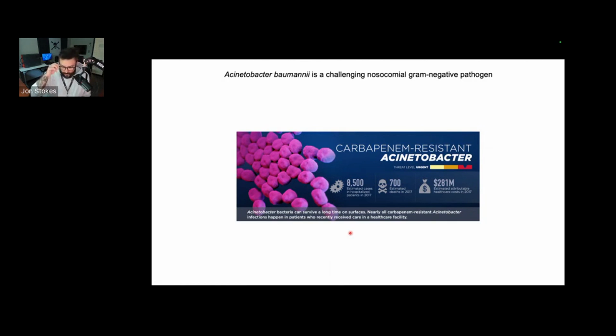And it has this really unique capability of acquiring DNA from its extracellular environment and just sort of keeping it. And given that Acinetobacter lives in hospital settings, clinical settings, a lot of that DNA that it happens to acquire and maintain encodes antibiotic resistance genes.